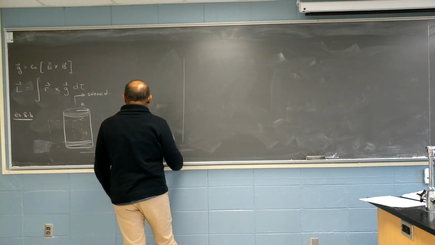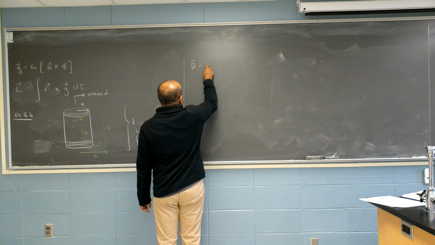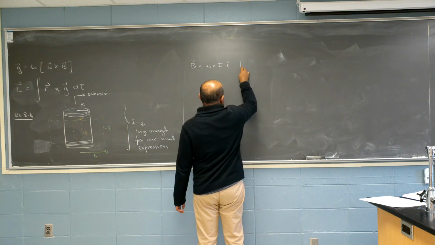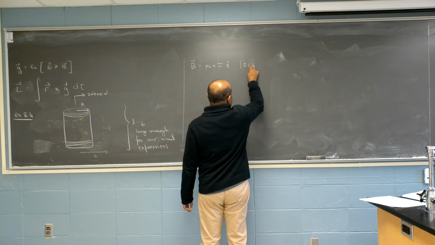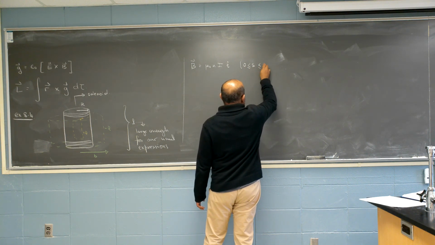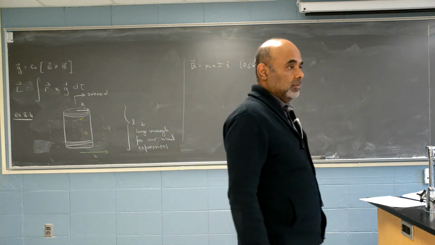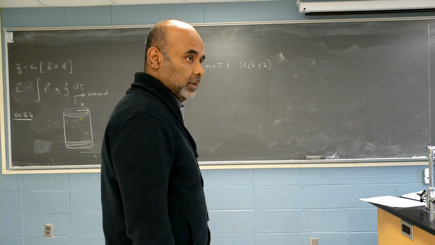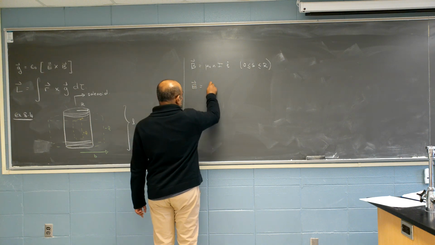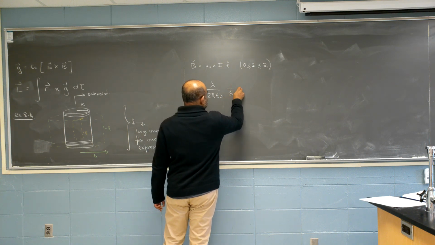So what are the fields? We know B is mu 0 n I in the z hat direction for values of s less than R. Correct? That's the solenoid. What about the electric field? Again, it's Gauss's law: lambda over 2 pi epsilon naught, 1 over s, in the s hat direction.